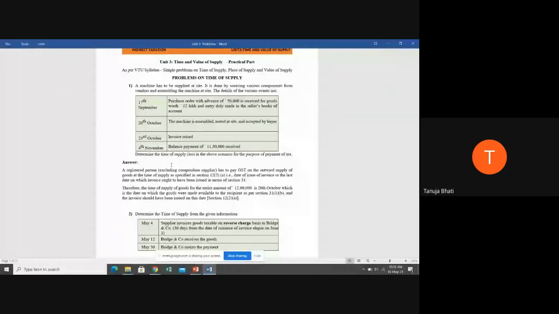Next, suppose it is forward charge, check which two dates you need to compare: date of issue of invoice or date of receipt of payment. After you determine which dates are to be compared, pay attention to those dates and ignore the others. Then see the earlier of the dates and you will come to the correct conclusion.